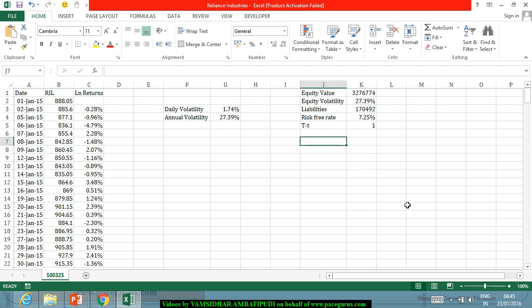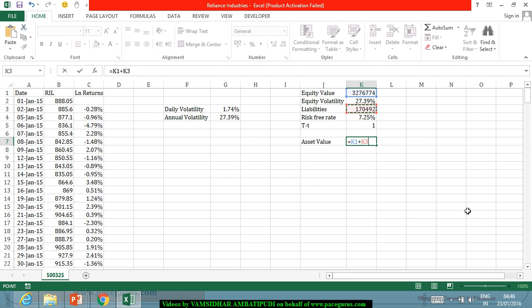So based on this, I'll also try to find out the asset value. To start with, I'll go with the asset value as the value of the equity plus the value of the debt. So I'll take this as the value of debt, this as the value of equity. So this is going to be the total asset value, right?